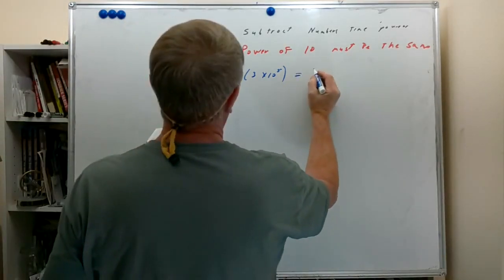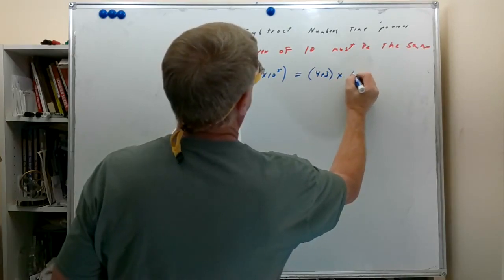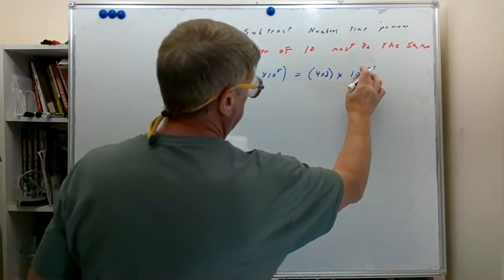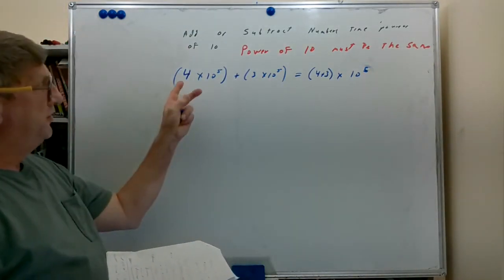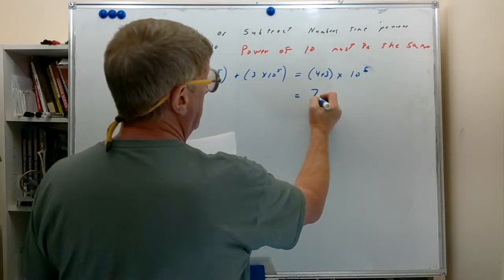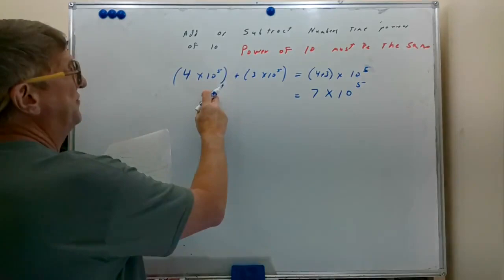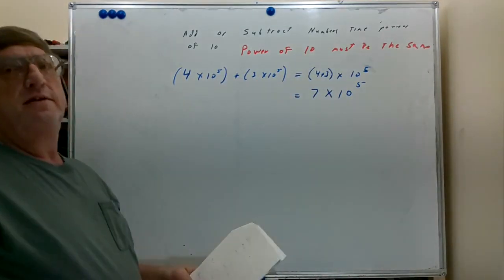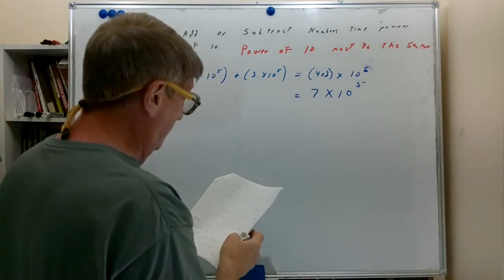So we have 4 plus 3 times 10 to the 5th. We didn't change anything on the power of 10, but we do add the numerical portion. Well, 4 plus 3 is 7 times 10 to the 5th. The 10 to the 5th didn't change. We're adding up 10 to the 5ths, I guess is a good way to look at it.